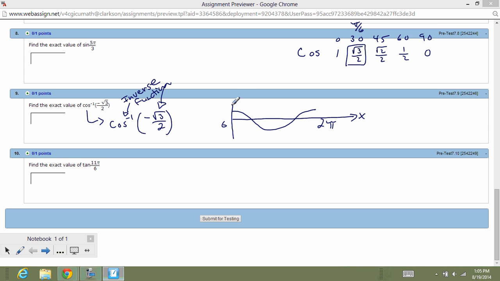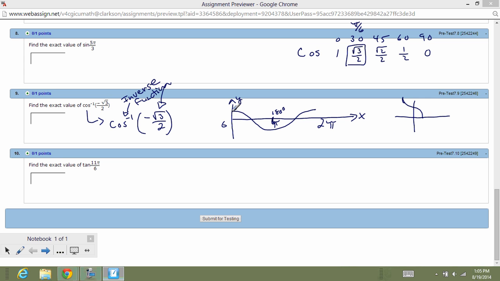What's going to happen when you form your inverse? Well, as long as we restrict it to right here, only 180 degrees, only pi radians, will be fine. If you took that graph and turned it sideways and ran from 0 to 180 degrees, it would look like that.